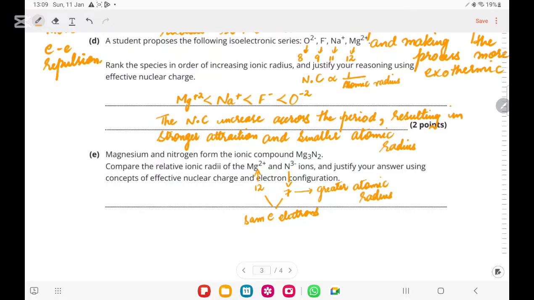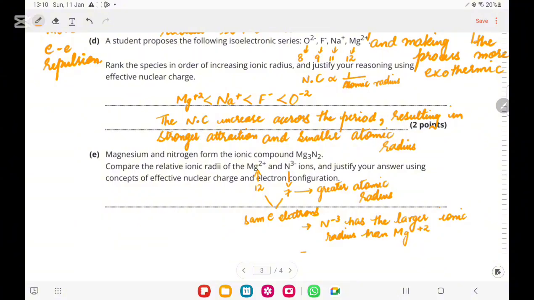So we can write here that N minus 3 has the larger ionic radius than Mg plus 2.